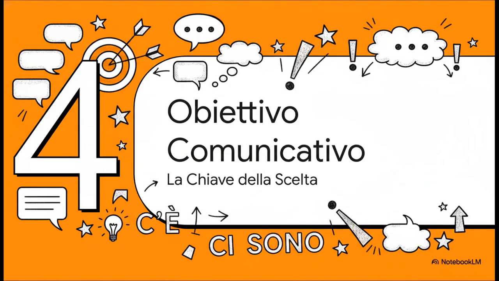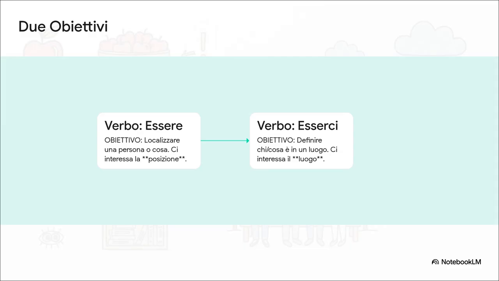So this brings us to the main idea. It's all about your communicative goal. Let's just summarize this one more time, because honestly, this is the secret to never mixing them up. It really is all about figuring out what you're trying to achieve with your sentence. Here's a good way to think about it. Think of essere as your GPS.